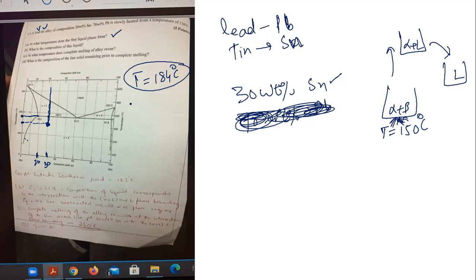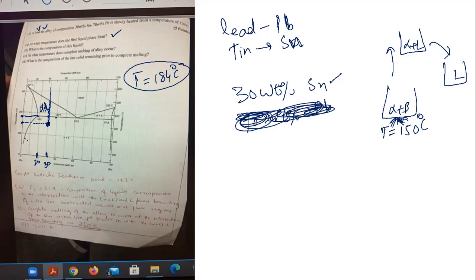Yes. How did you know? Okay, so here is written alpha plus liquid, right? So this is the alpha plus liquid region, and this is the liquidus line, this horizontal line.